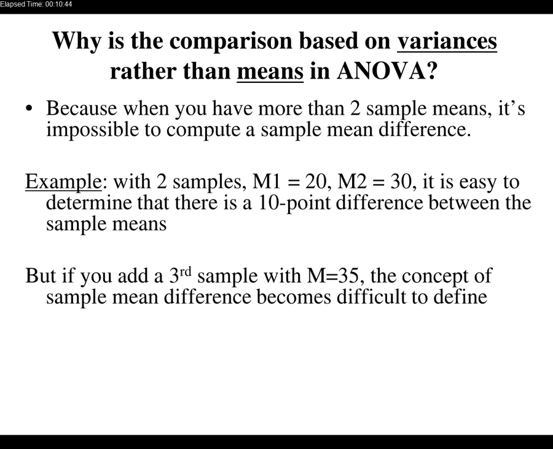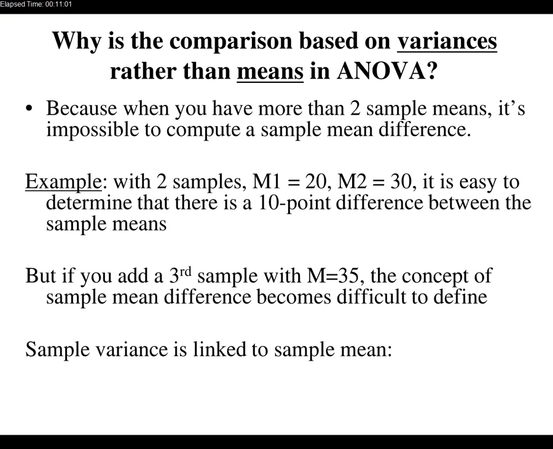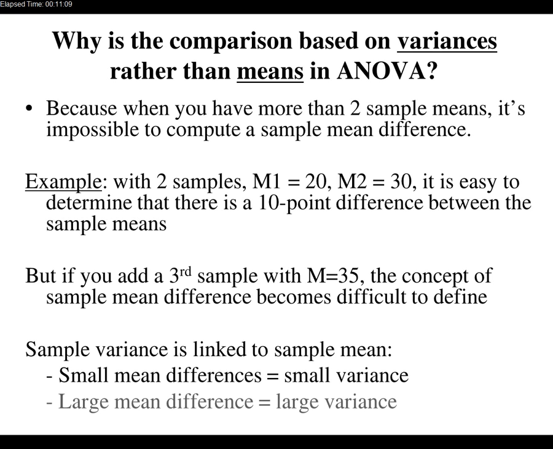So we have 20, 30, and 35. Then the concept of sample mean difference becomes kind of difficult to define, because which one are we comparing? So the sample variance, however, is linked to sample mean. And small mean differences equal small variance. And large mean differences equal a large variance.